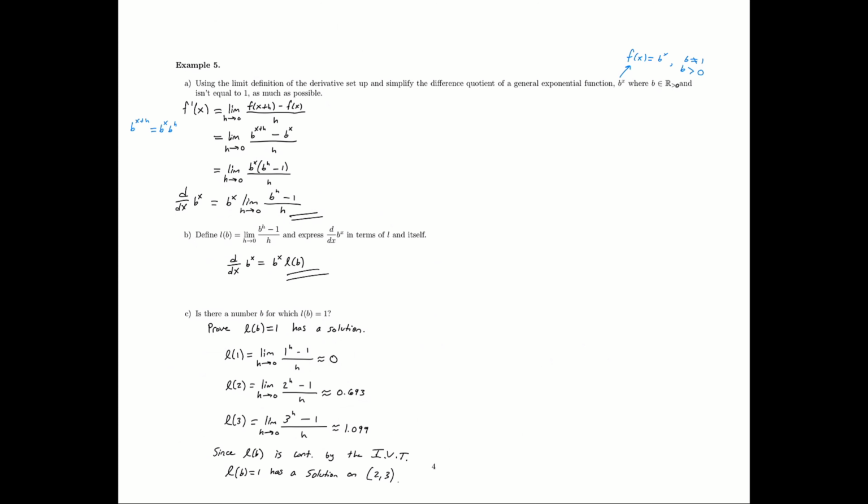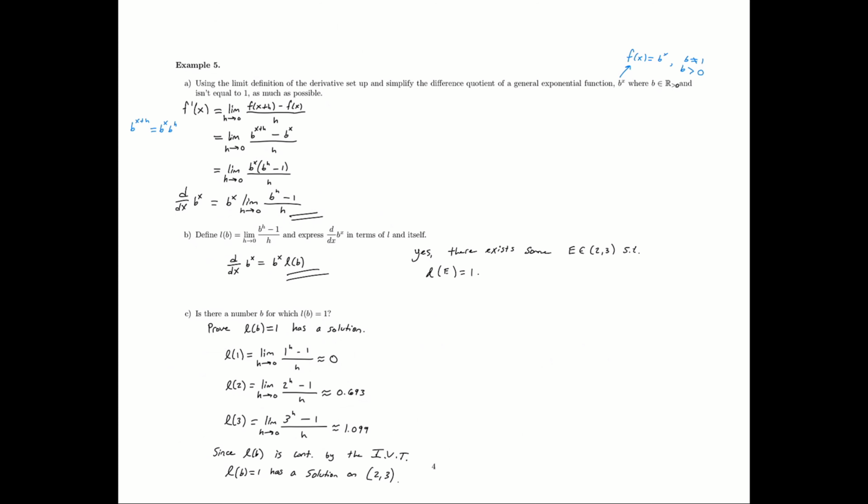So what we do know is that, yes, there exists some number that I'll call capital E here. There exists some exceptional number E in the open interval 2 to 3 such that L of E equals 1.